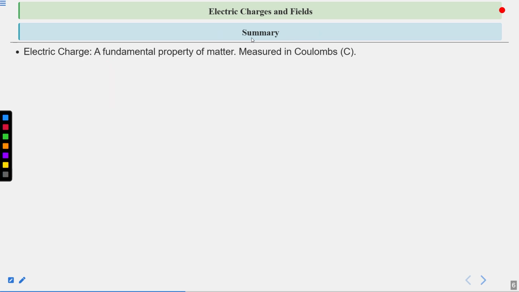Now summary. So we studied electric charge. What is electric charge? A fundamental property of matter, and it is measured in coulombs, denoted by C. Yes or no?